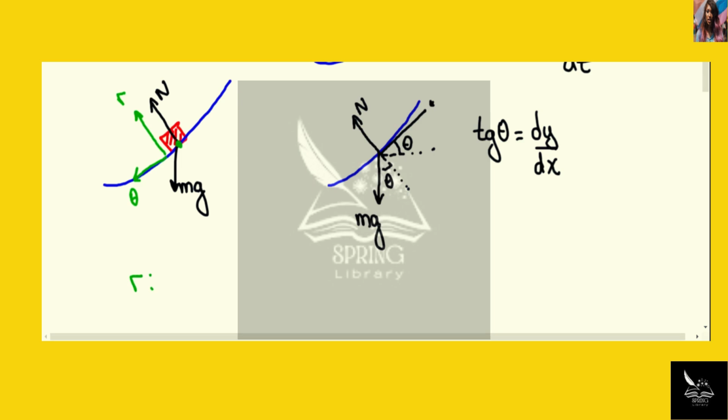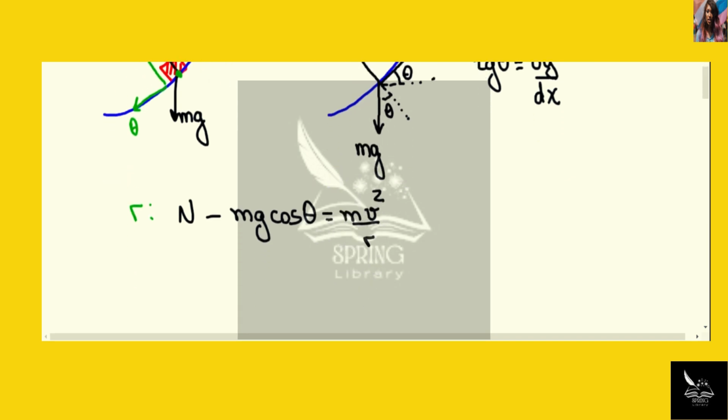So in the r coordinate, we have the normal force N minus mg times the cosine of theta. And according to Newton's second law, this is equal to the mass times the acceleration of the particle in the r direction. Now notice that the acceleration in the r direction is the centripetal acceleration. So this is v squared divided by r.